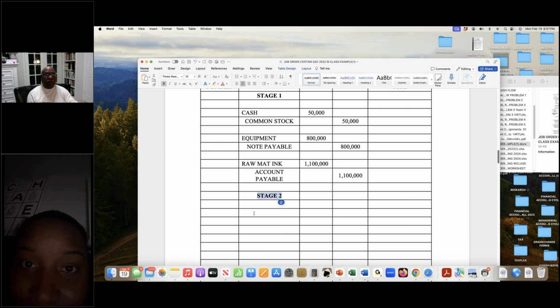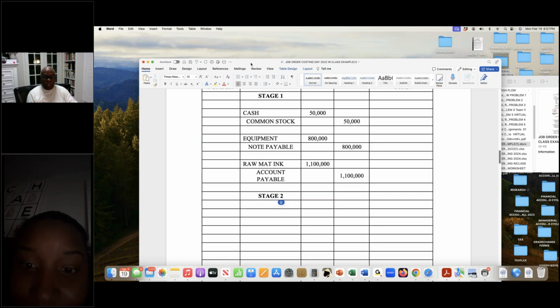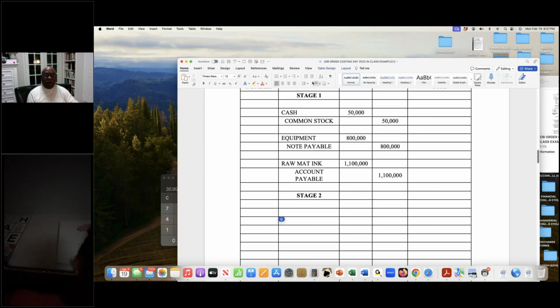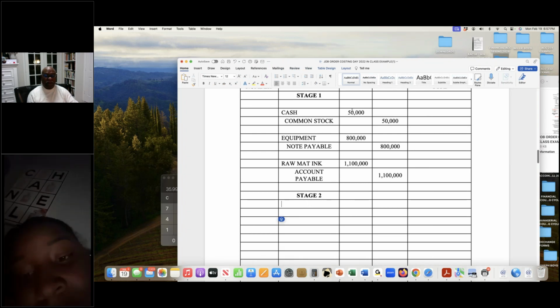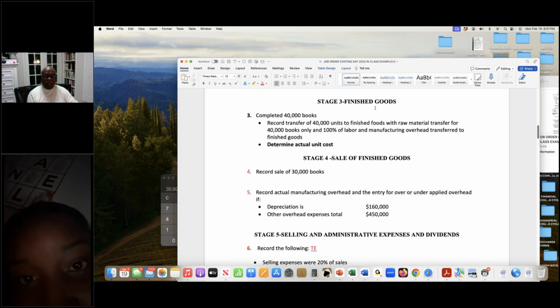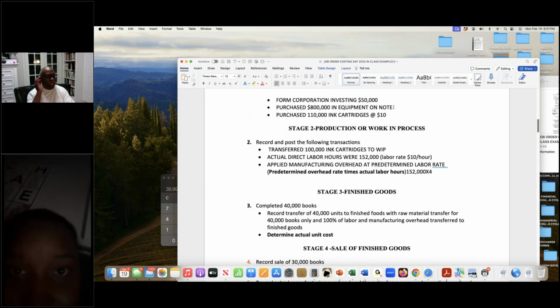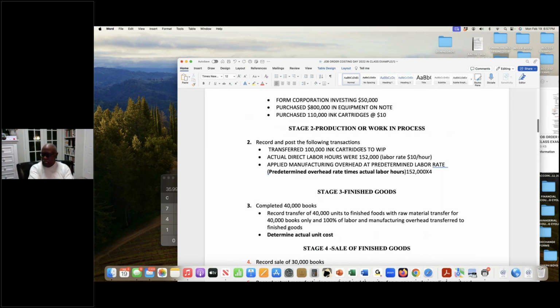We're getting ready to make the item. The first thing we're going to do is transfer 100,000 ink cartridges to work in process. So that production will never stop, we buy more than what we need, in case there's waste or damage.